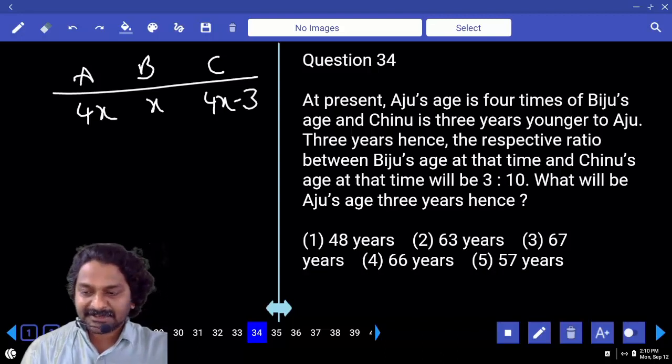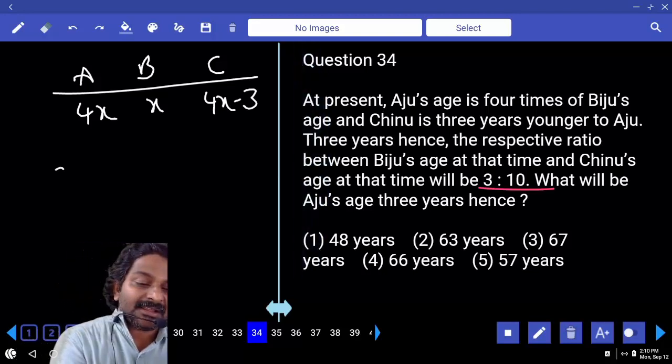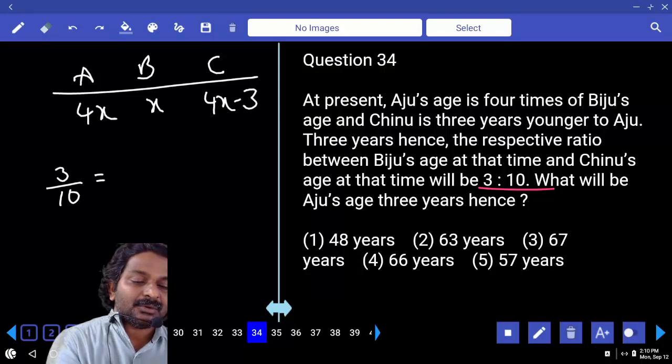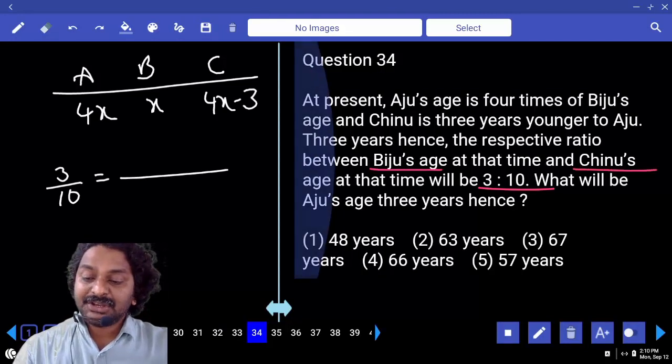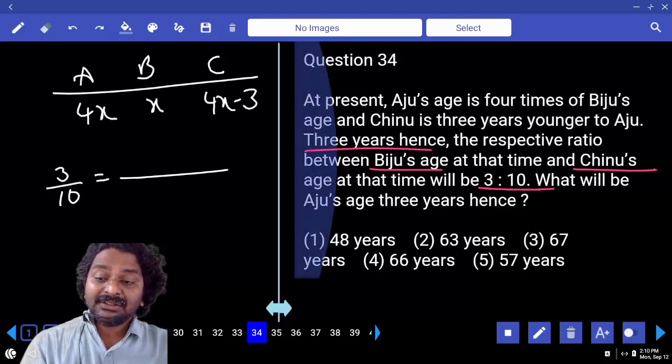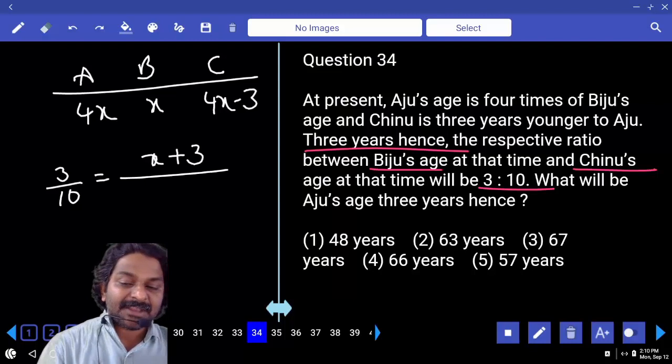So now let's do it. 3:10, that I'll write as 3/10. Whose ages ratio is that? Biju and Chintu. This is after 3 years. After 3 years, Biju becomes x plus 3 and Chintu becomes 4x.